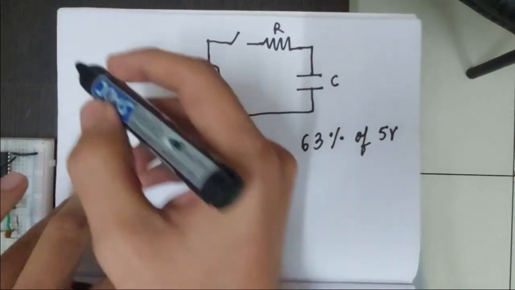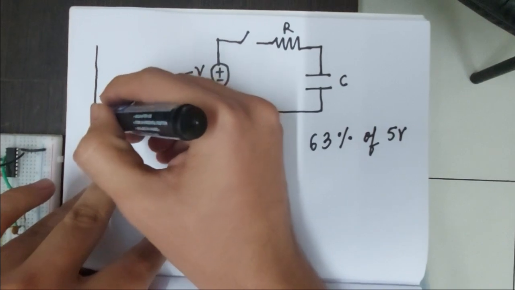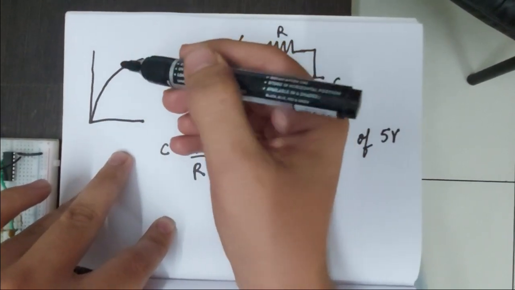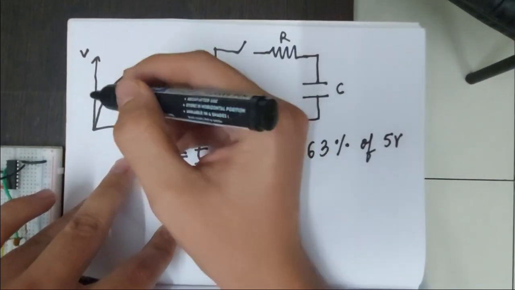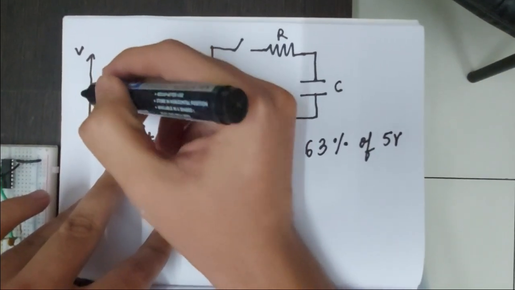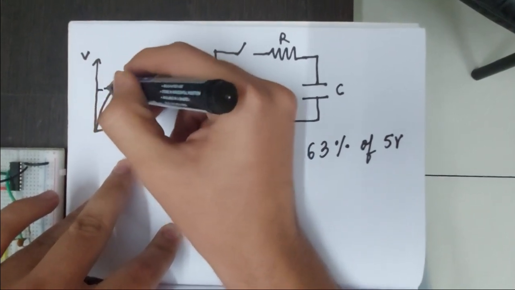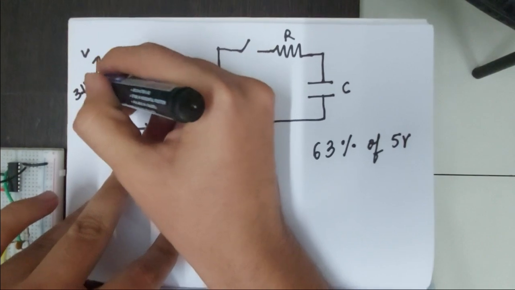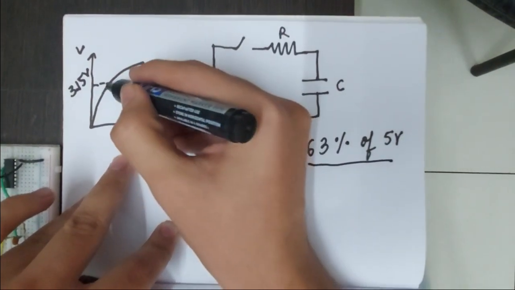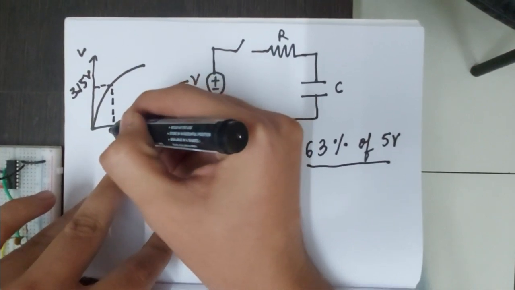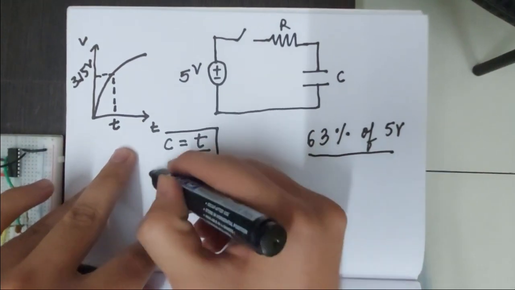Let me show you it on the graph. Here the graph is the charging of the capacitance, with voltage against time. When the value of the capacitor charge reaches 3.15 volt, which is 63% of 5 volt, at that time the value of the time is the T we will use in this formula.